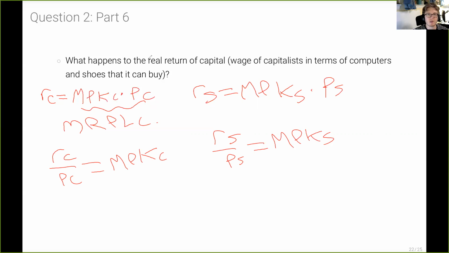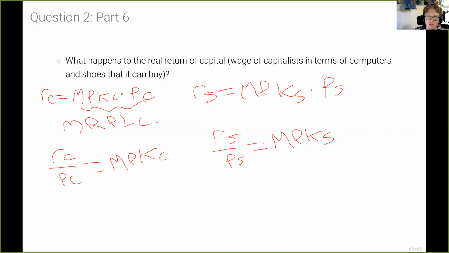So if we want to think about the real return of capital, in other words, if I'm a capital owner and I spend all of my income on either computers or shoes, what's the total number of computers and shoes that my income can buy? Then all I have to think about is what MPKC and what MPKS are.